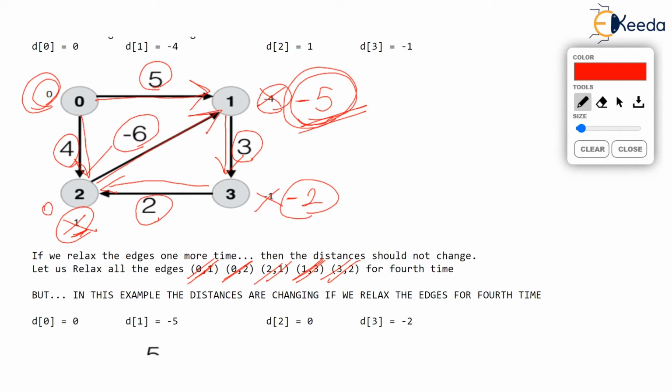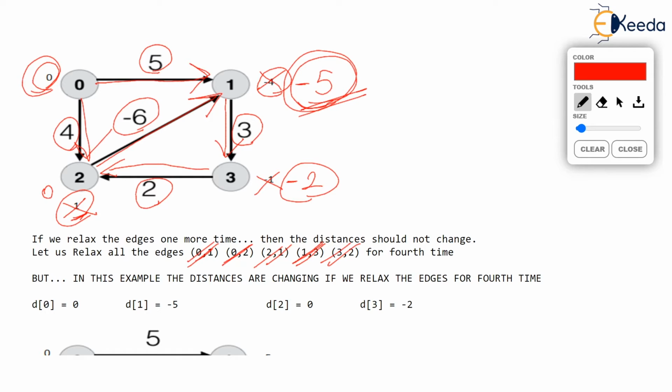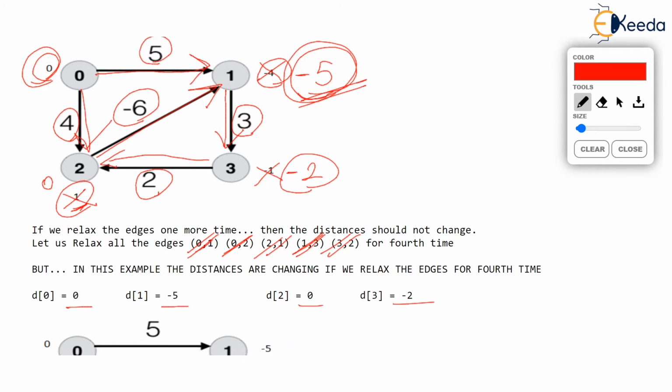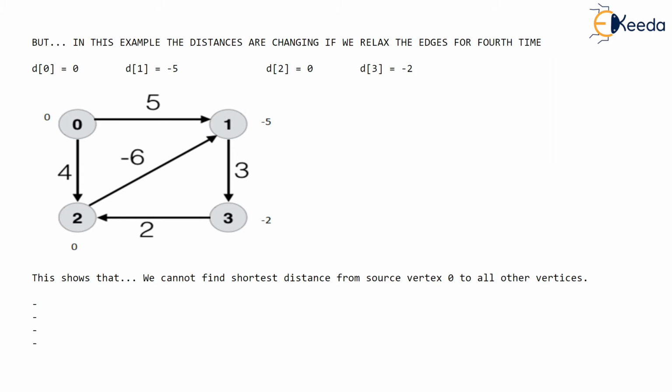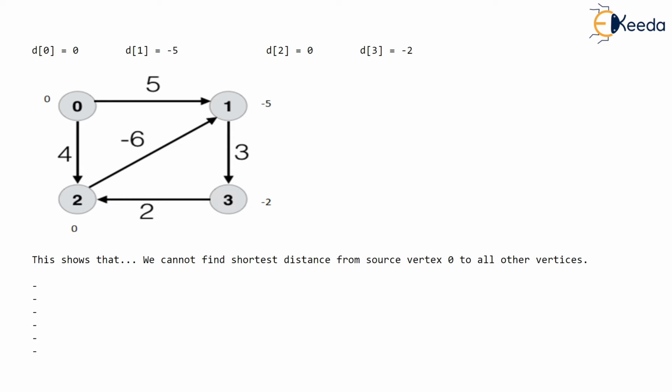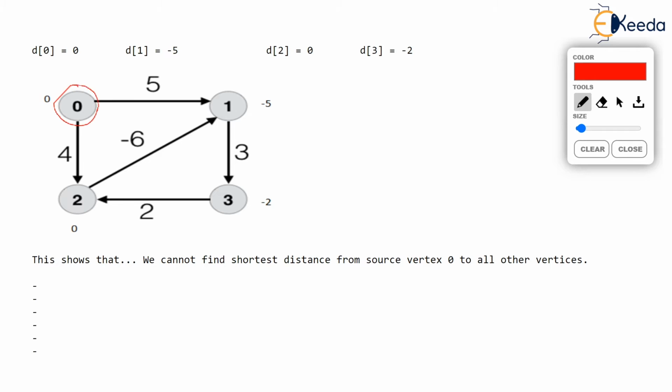Here we go. That's what I have written, the updated distances after the fourth repetition, and we have got changes in the distance. So hence we cannot find shortest distance because there exists a negative weight cycle. That's what Bellman Ford algorithm is all about. In summary, Bellman Ford algorithm will definitely find shortest distance from given source to all the destinations.